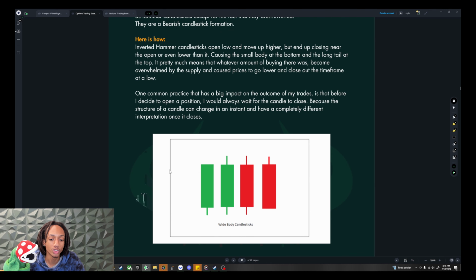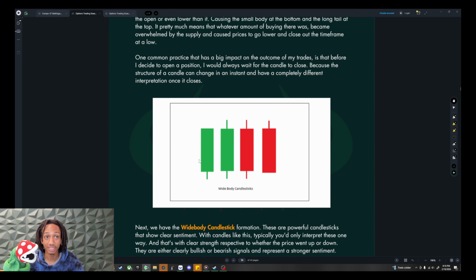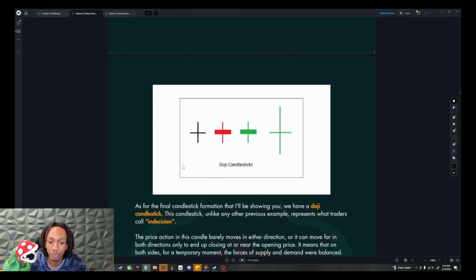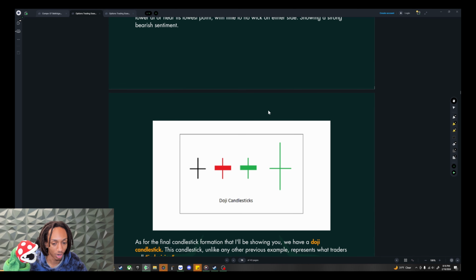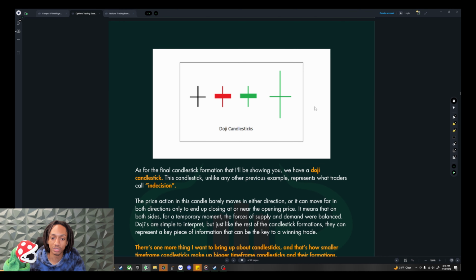Because you could have a bunch of wide body candles, meaning things are super bullish or super bearish, and then you have a few doji candlesticks showing that there's no real imbalance anymore. Now things are balanced. Are we going to find more demand again and keep going up, or are we going to see more supply come in and start seeing more selling? But this represents a balance.